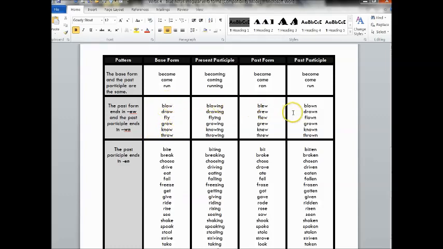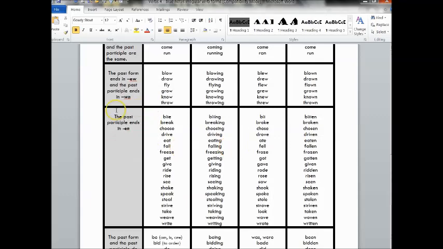Blow, blowing, blew, blown. Draw, drawing, drew, drawn. Fly, flying, flew, flown. So I grow, I am growing, I grew, and I have grown. I know, I am knowing, I knew, I have known. Okay, and so on.